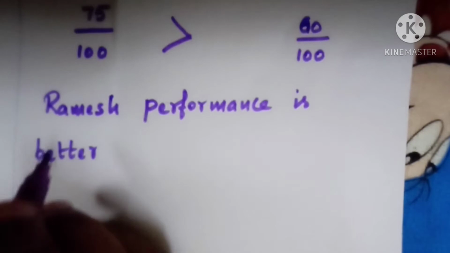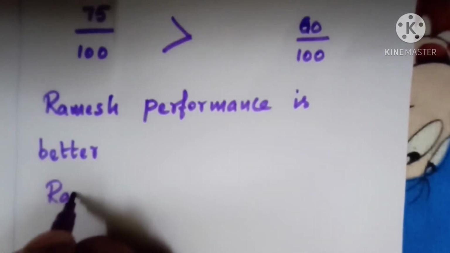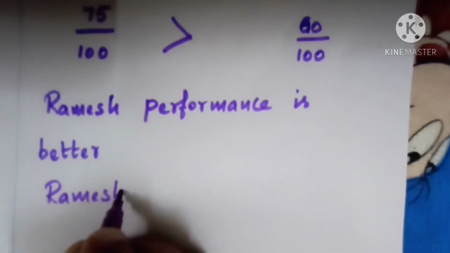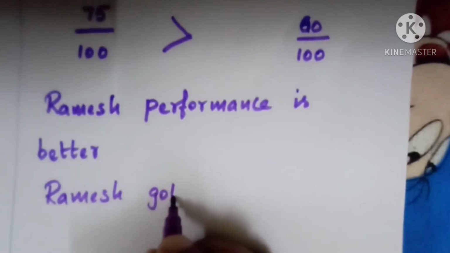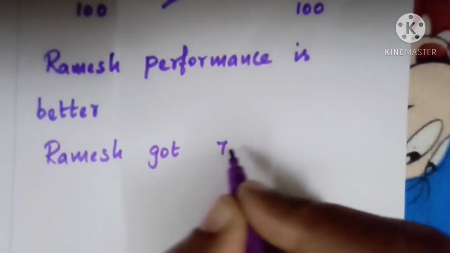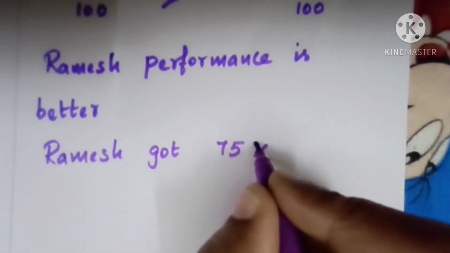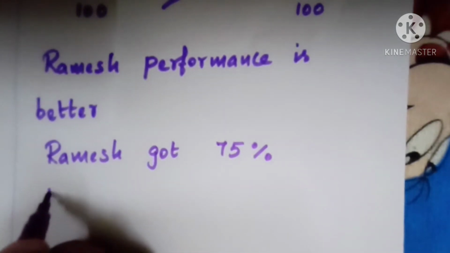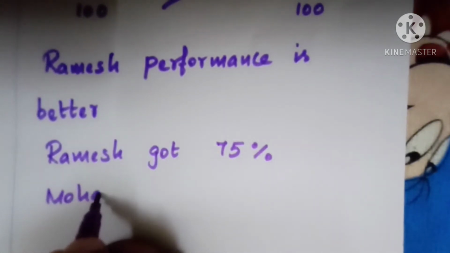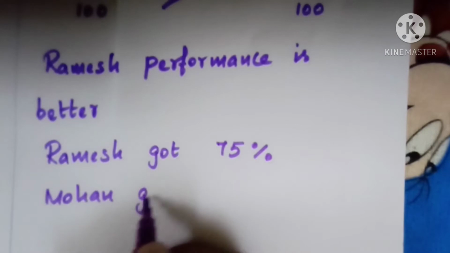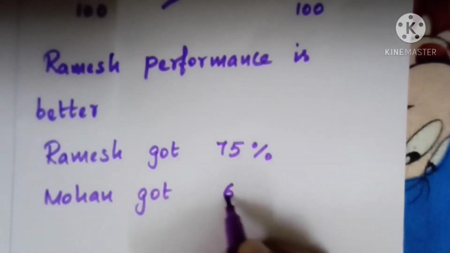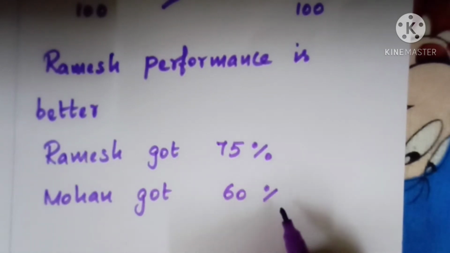So here Ramesh got 75% and Mohan got 60%.